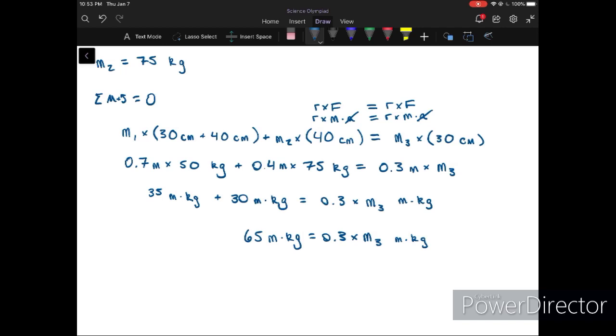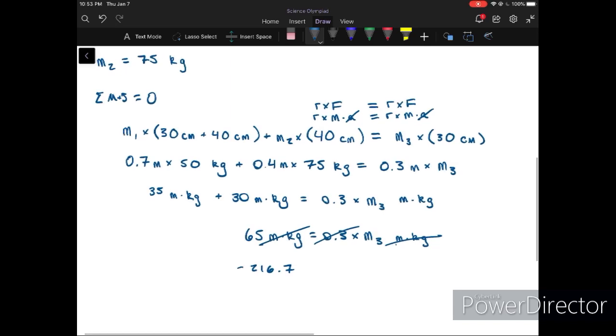And we are going to get that our M3 value is equal to 216.7. We had already applied our kilograms over here, but just for simplicity's sake.